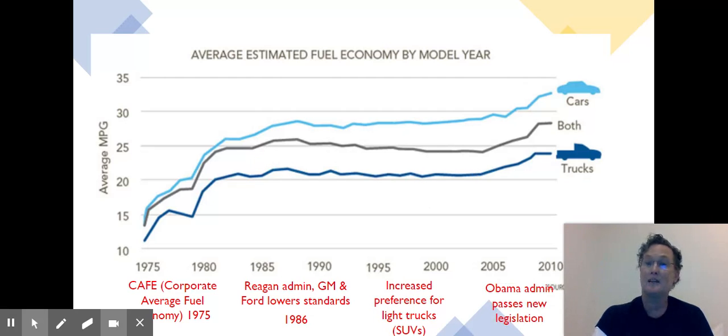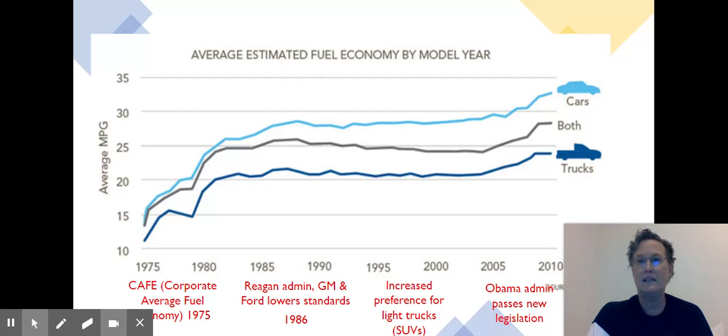And then the Obama administration passed new legislation to increase the fuel efficiency. And then people became more interested in hybrids and other fuel efficient vehicles, and now we're moving towards an electric future, most likely. We'll talk about the pros and cons of an electric future.